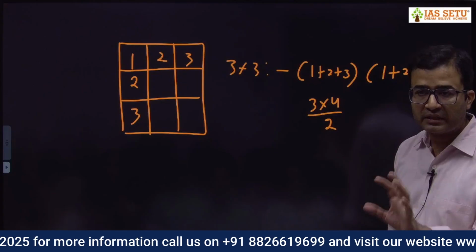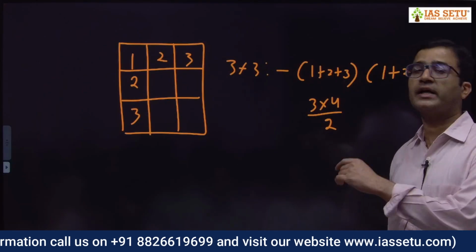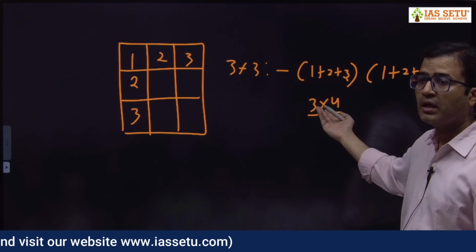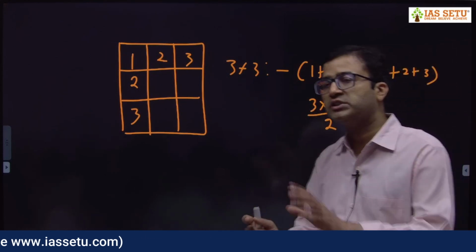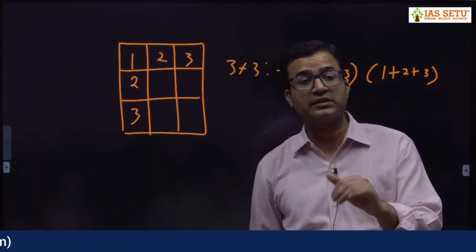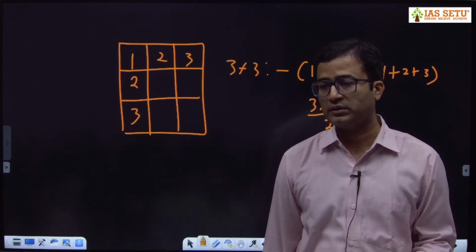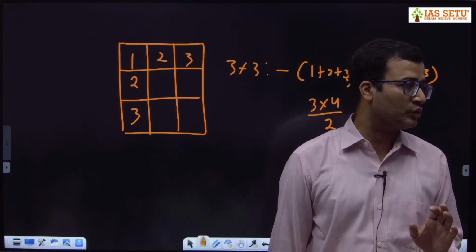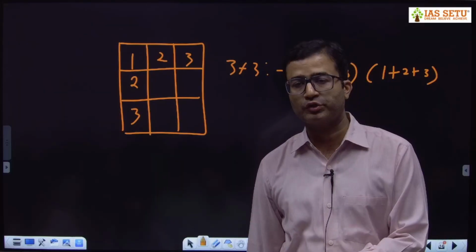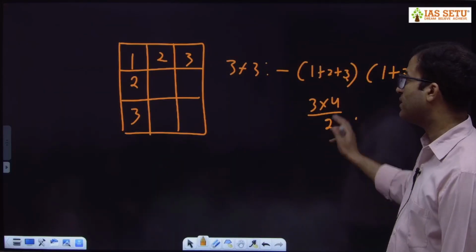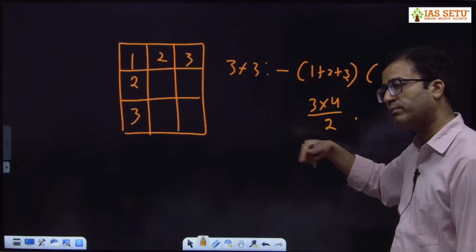The formula takes some time. The formula is helpful for big calculations. Here if you manually add, that is very easy. If you have a small calculation, don't use the formula. But if I ask for a figure that has 10 columns and 10 rows, definitely we will use the formula. Don't use it in small calculations; in big calculations, yes, we have to use the formula. If you want to use it, okay, but it will take more time.